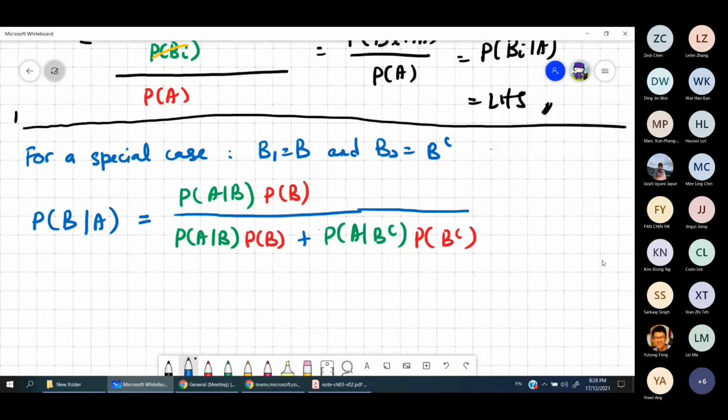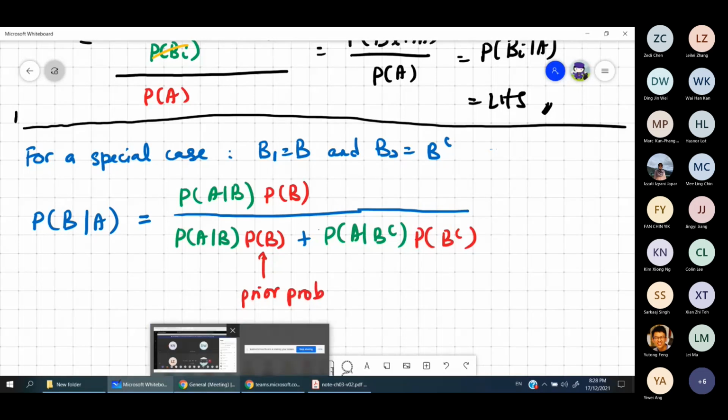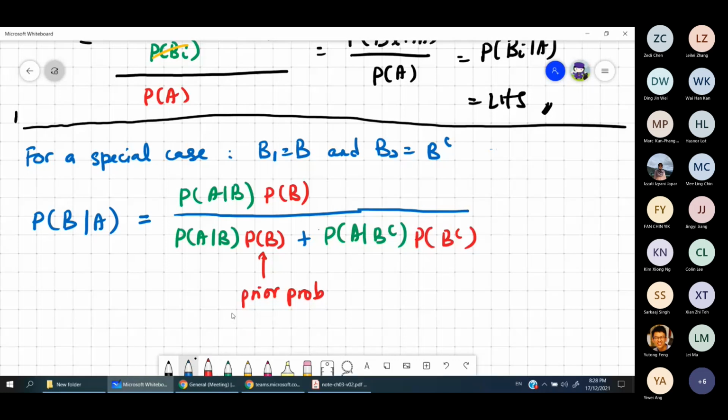If you look at it, usually this one is the so-called prior probability, and this is known as the posterior probability.